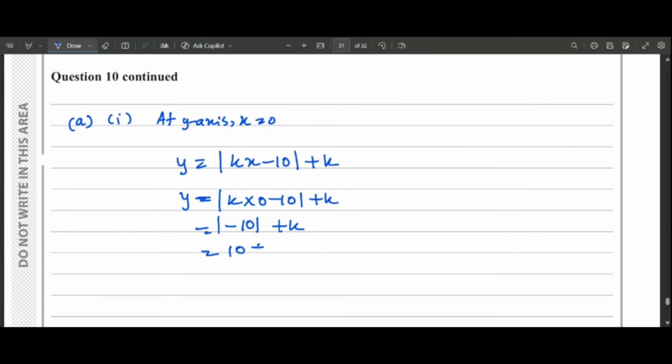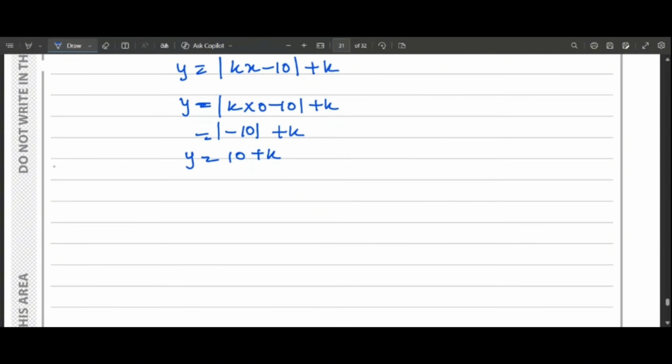So 10 plus k equals y, and this is the y coordinate of A. So we can write the y coordinate of A is 10 plus k.